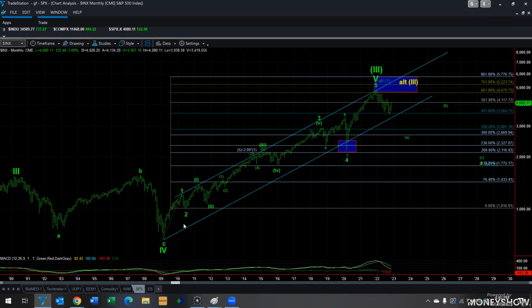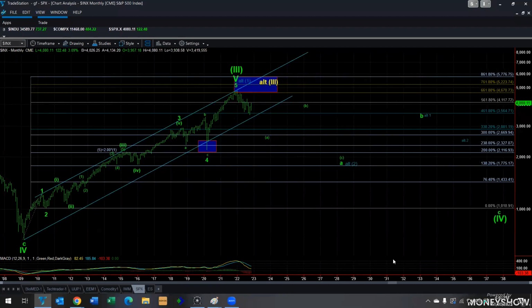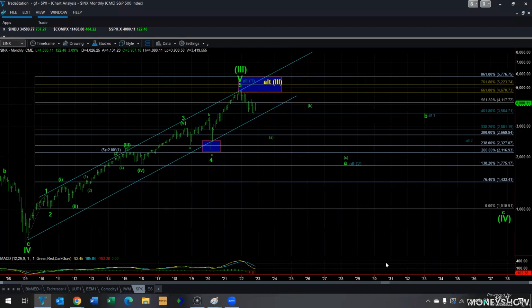And then we had a 5-wave structure still to complete that larger degree wave 3 that I showed you off the 1931 low. Now, as you can see from the detail on this monthly chart, we either have completed all 5 waves up, or we have one more higher high.